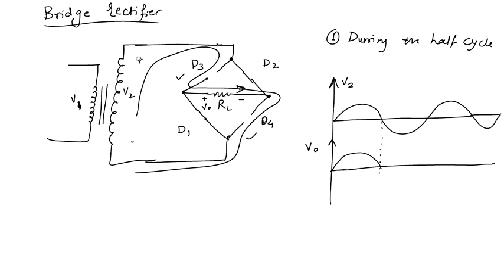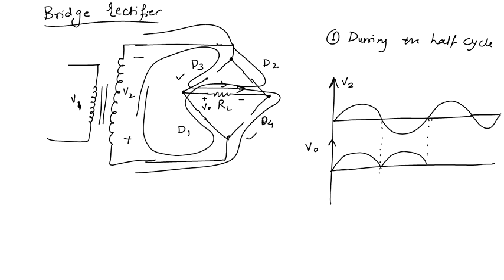So during the negative half cycle, when the polarity of the input voltage is like this, diodes D1 and D2 are operating, so the current through the circuit will be flowing like this. And again we can see that the direction of current through the load resistance is the same as in the previous case.